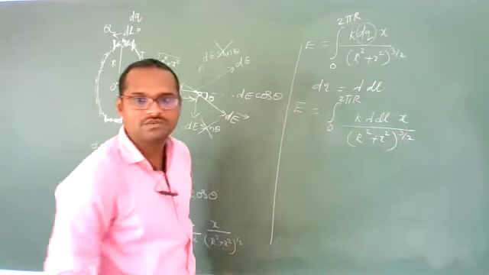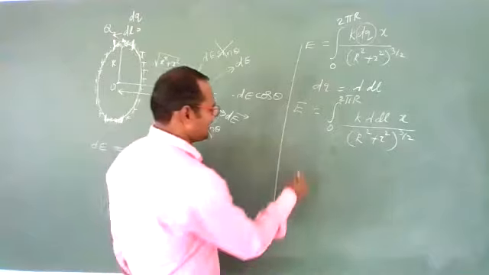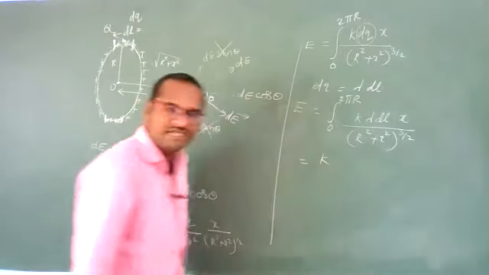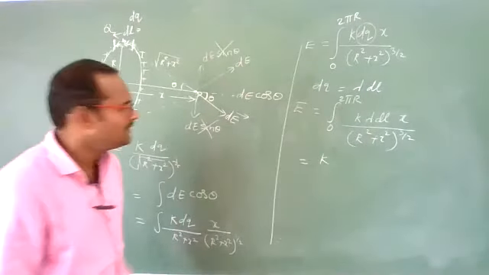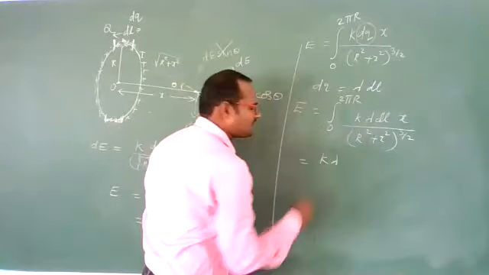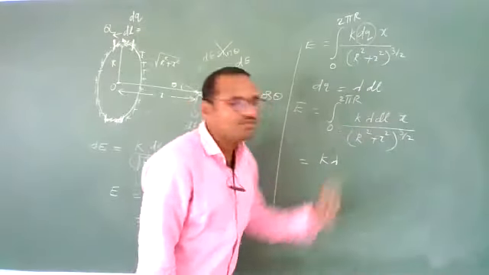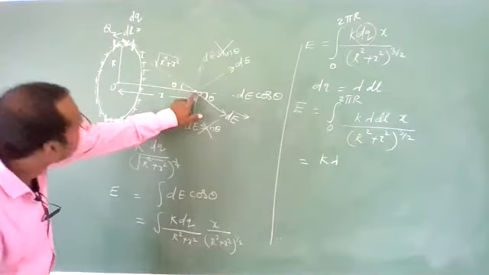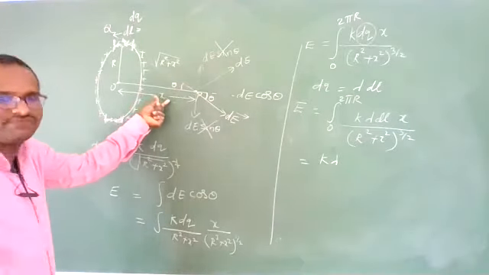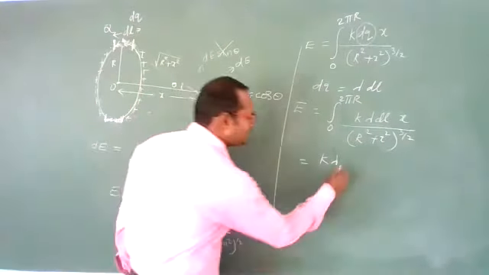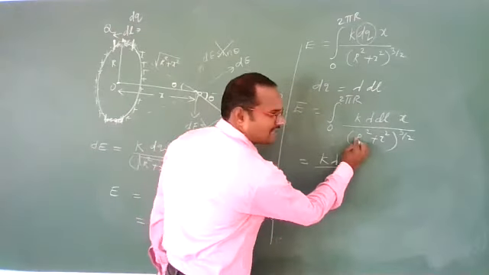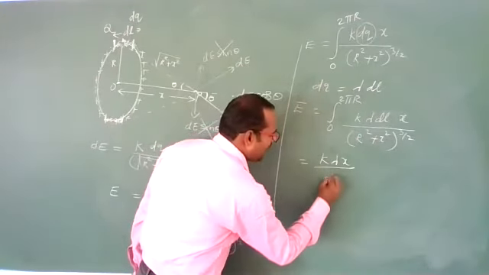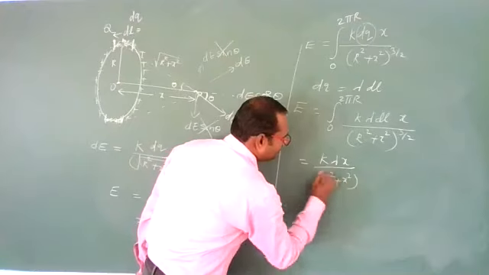Clear? Yes. Now what will be the constant values here? K value is constant, 1 by 4 pi epsilon naught, and lambda value is also constant. The x value at this particular location, at a distance x, is a fixed location we want, so x is also constant. Upon these, r is also constant, x also constant, so you will get (r square plus x square) whole power 3 by 2.